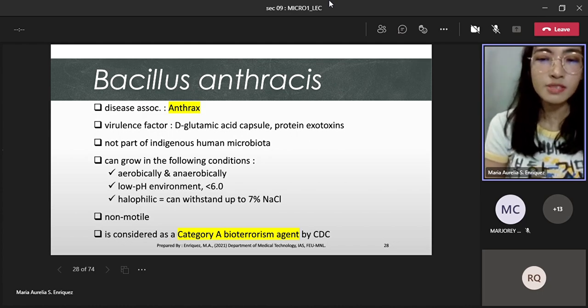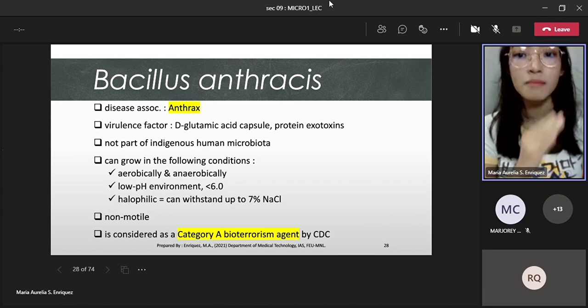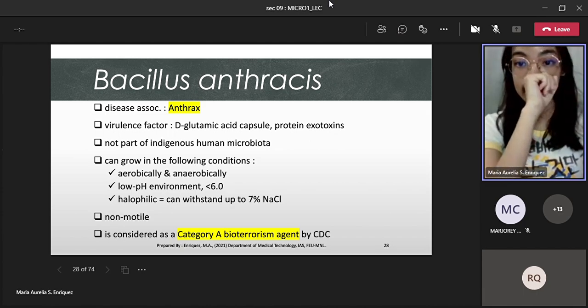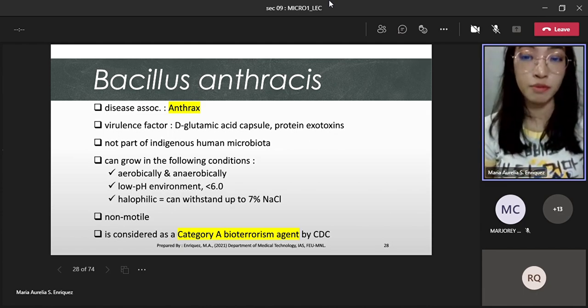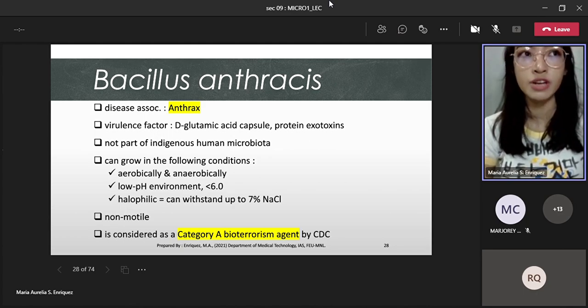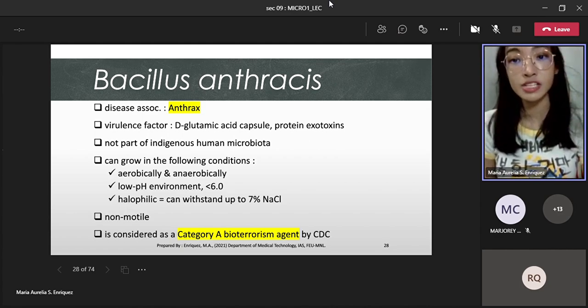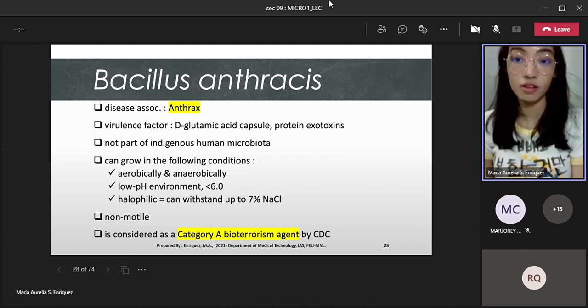This bacterium is also categorized as a Category A bioterrorism agent by the Centers for Disease Control and Prevention. There are three categories of bioterrorism agents, and Category A is the highest priority among them.